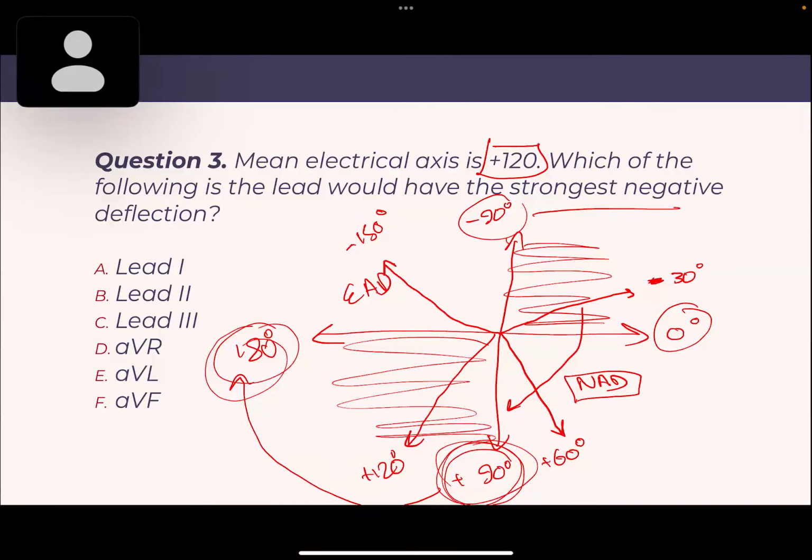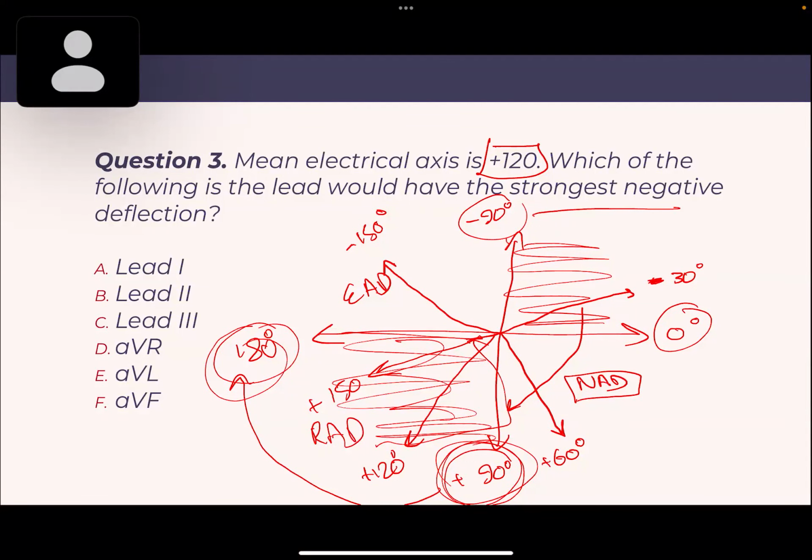Exactly. And they could ask another question, for example positive 150. Again, you draw the x-axis and the y-axis, you plug in the numbers, and you see that the cardiac axis is facing this quadrant, which is right axis deviation, and so on, okay?